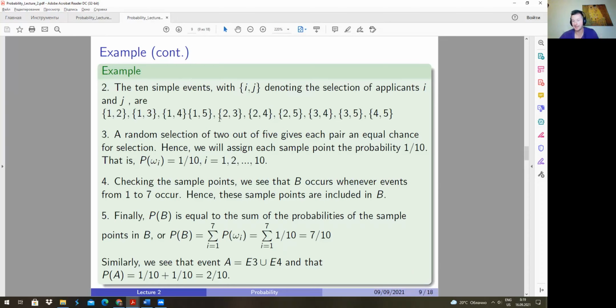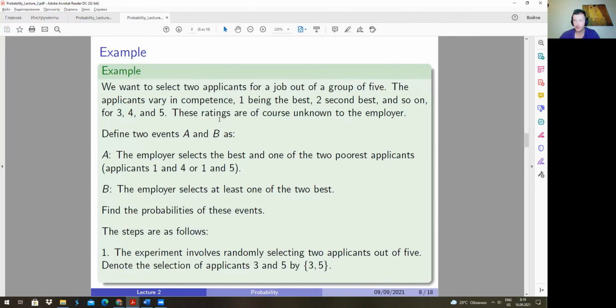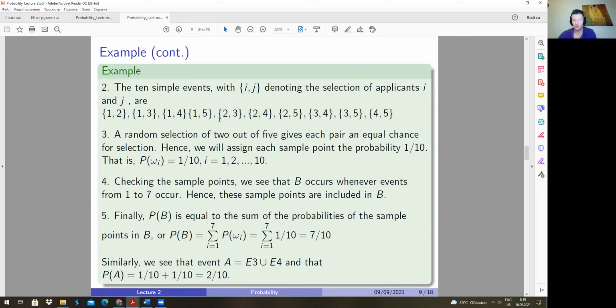Look, this is exactly an example of combinations. Why? Because we want to select 2 elements out of 5, and we don't care whether it's 1, 2 or 2, 1. Look, we had only 1 element here, 1, 2, because I don't care in which order I'm selecting these 2 candidates.